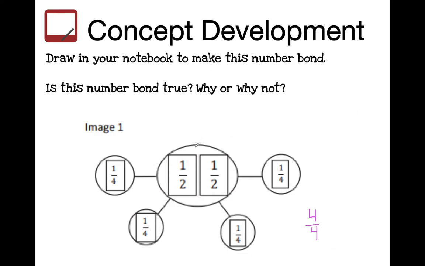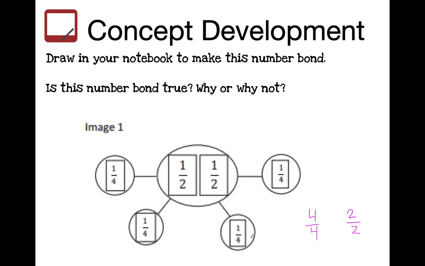Okay, but then what's in our middle? We have 1/2 plus 1/2. That would be 2/2. Now, I've been telling you guys since the beginning of our unit that when the number at the top and the number on the bottom is the same number, that equals one whole.